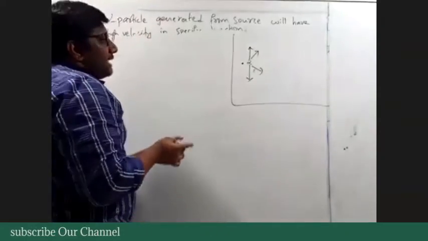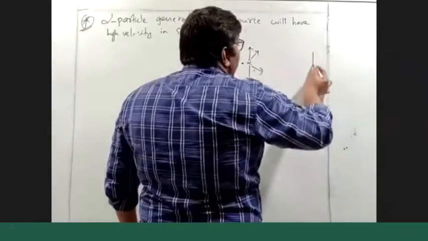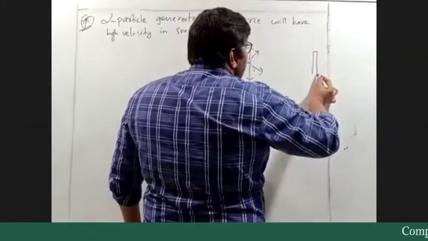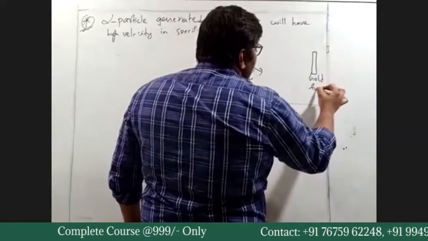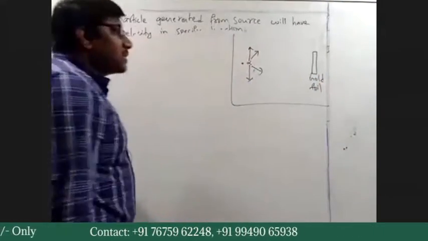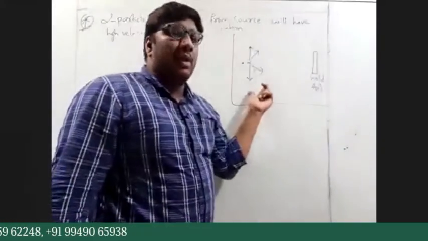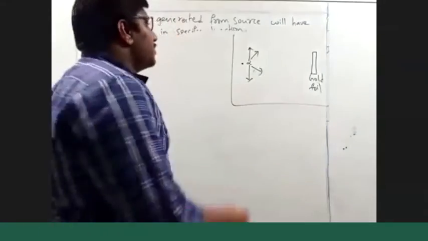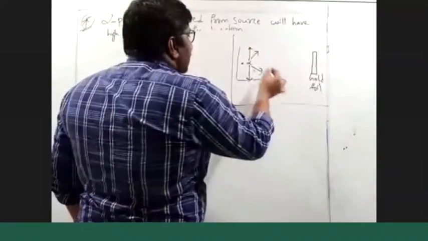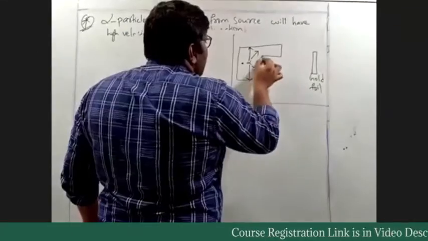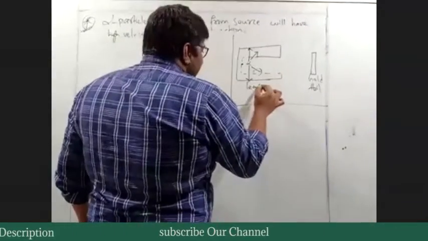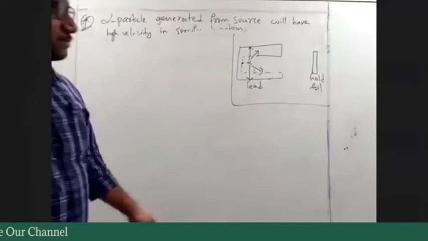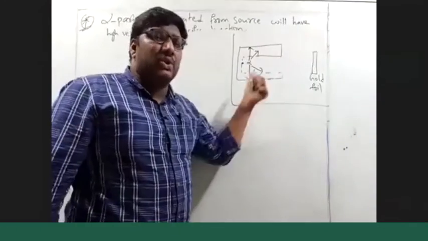But what is our goal? We want to pass those alpha particles through a gold foil. For that, we are using a material. We are placing our source in a material which is made of lead.